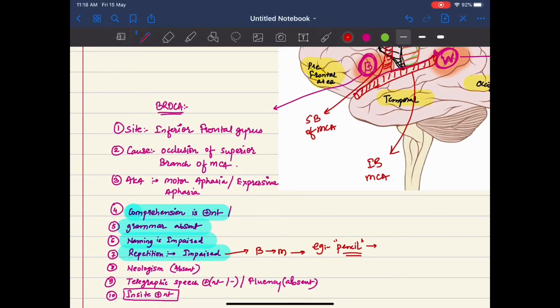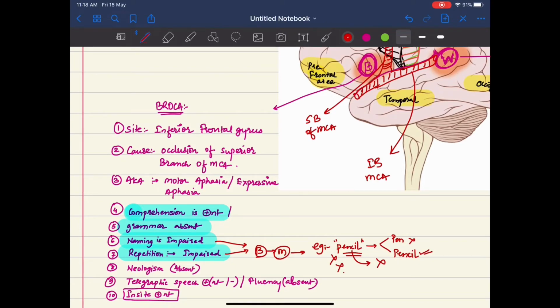If you ask in one-way communication whether this is a pen, he will say no, and if you ask whether it is a pencil, he will say yes. That means naming is impaired, and if you tell him to repeat what I have said, he will be unable to repeat it. So basically in Broca's or motor aphasia, naming is impaired and repetition is impaired.